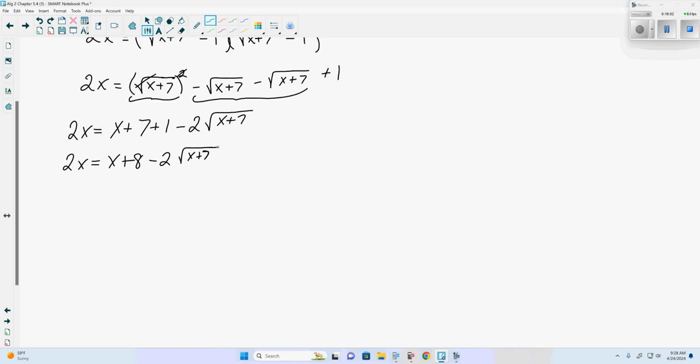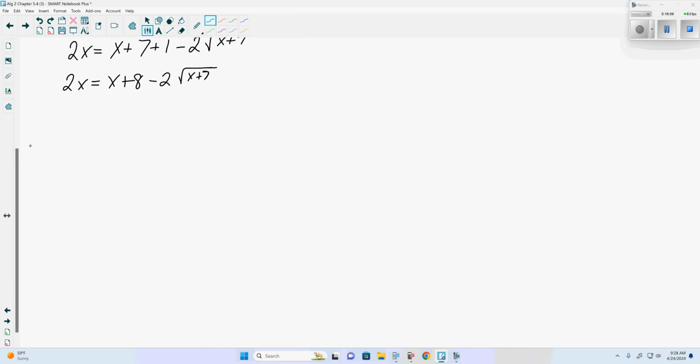Is there one radical? Yes. If so, get it by itself. So that's the first thing we can do. We can subtract 8 because we need to move the x and 8 over to the other side and the negative 2.